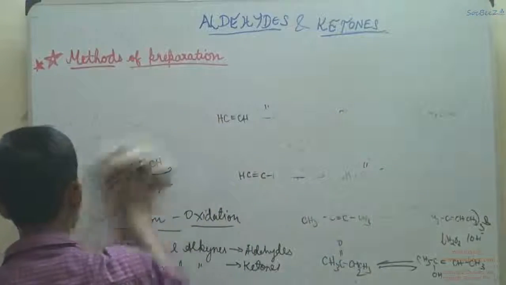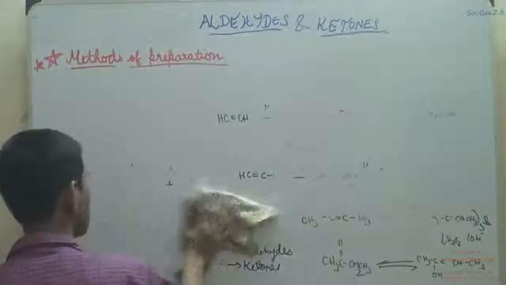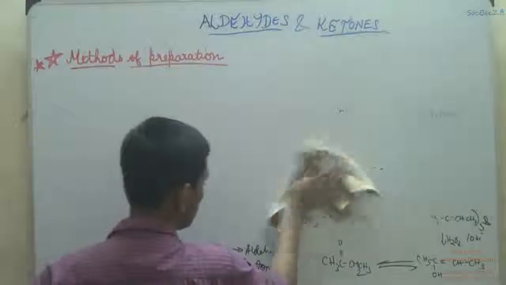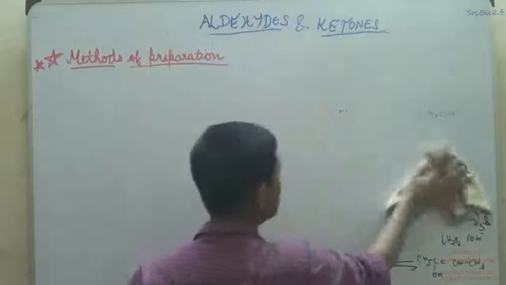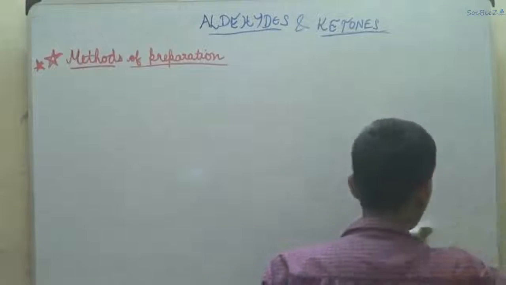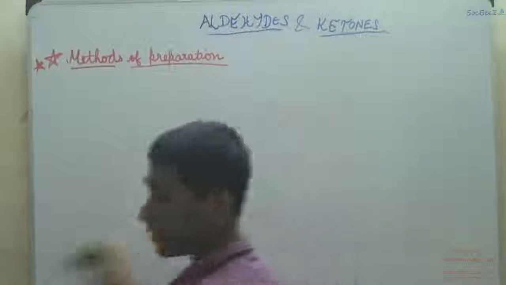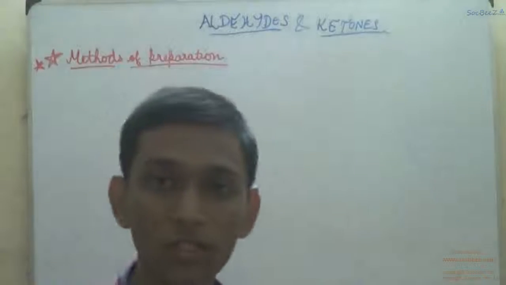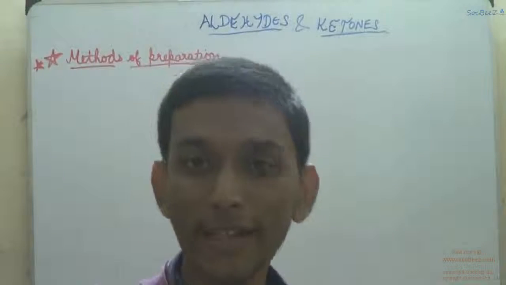Next we go to another group of compounds, that is the aldehydes and ketones, which are formed from a particular reagent, which is none other than a very famous reagent. If you can remember, it's a Grignard reagent.